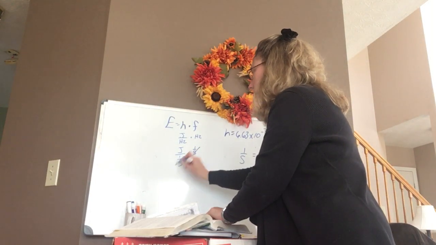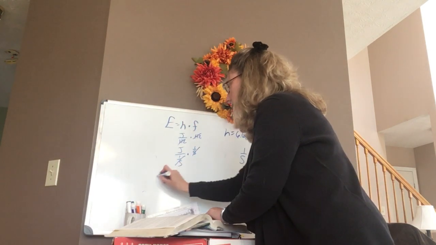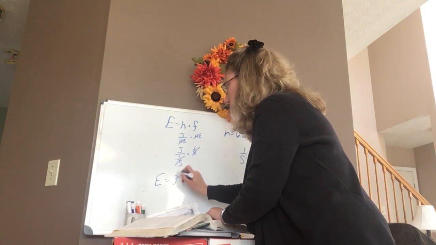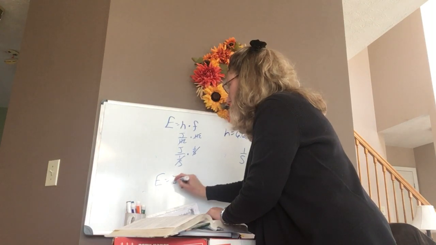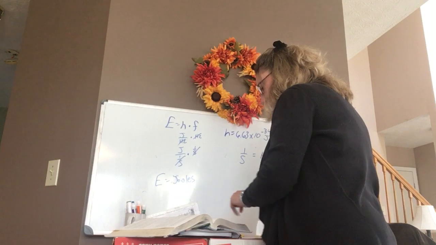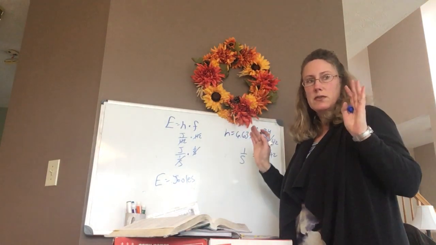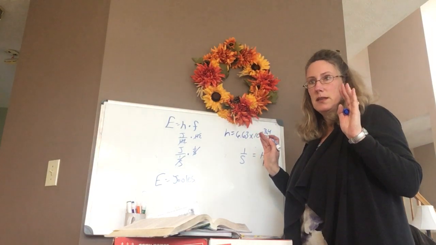So these will cancel out when I'm doing these problems, and I'm going to get energy in joules. That's a J. Joules is, I think, how it's spelled. Okay, so I'm just showing you how your units are going to cancel out on these.